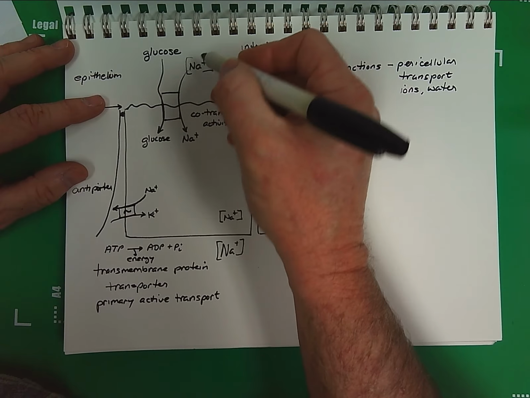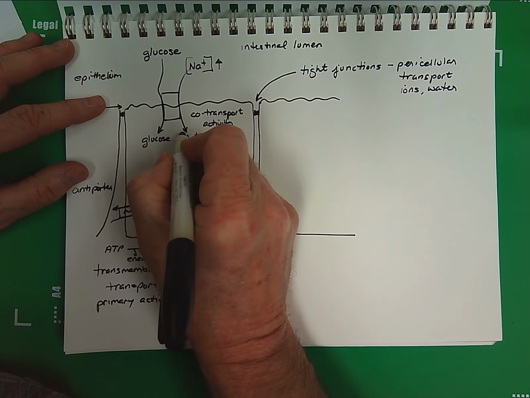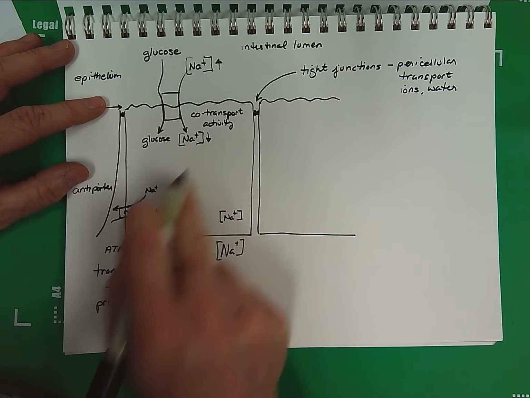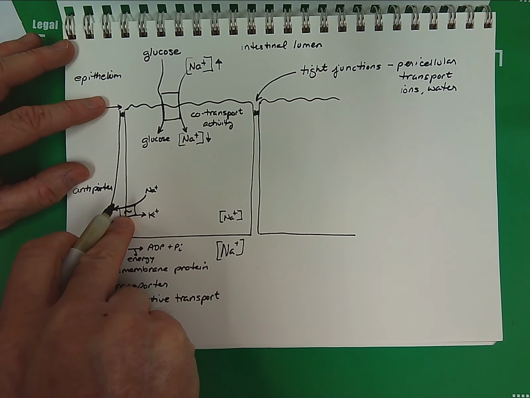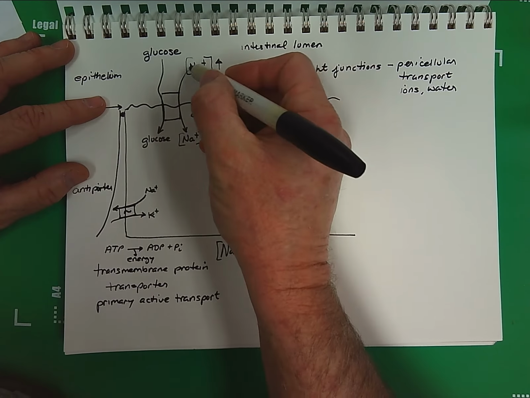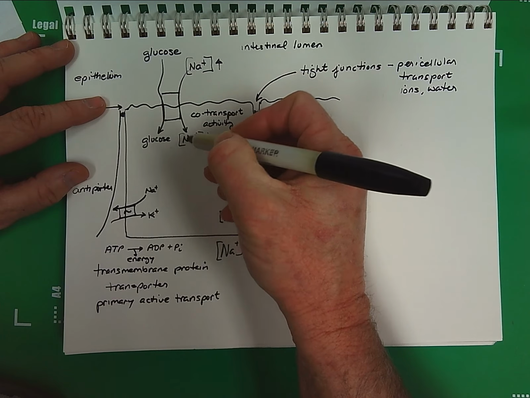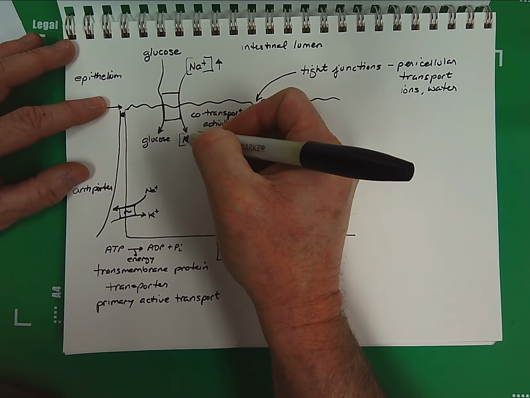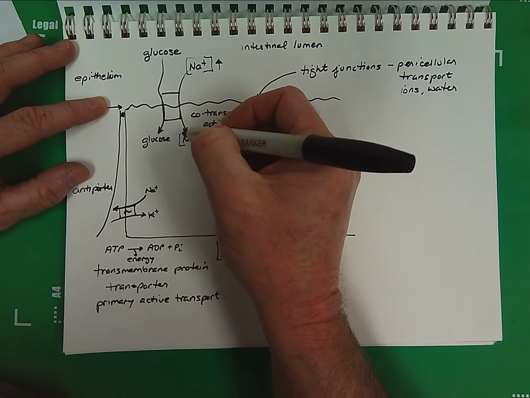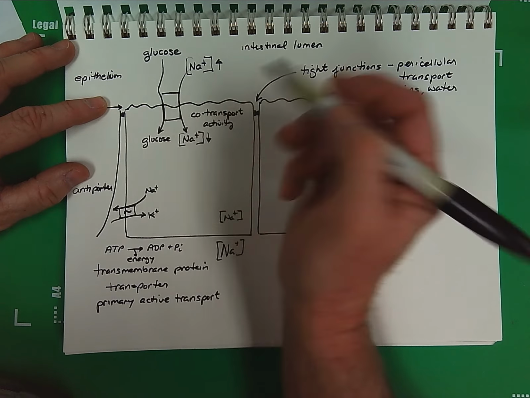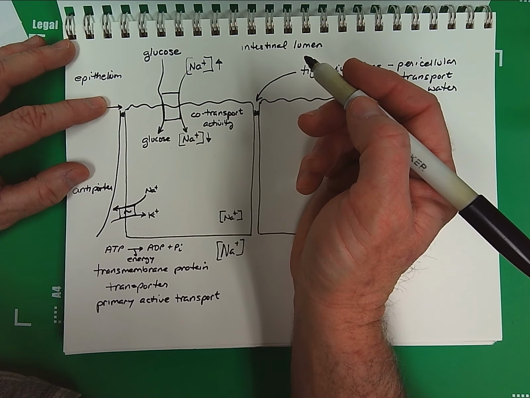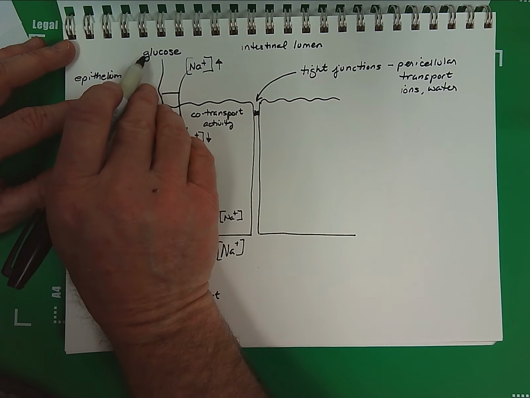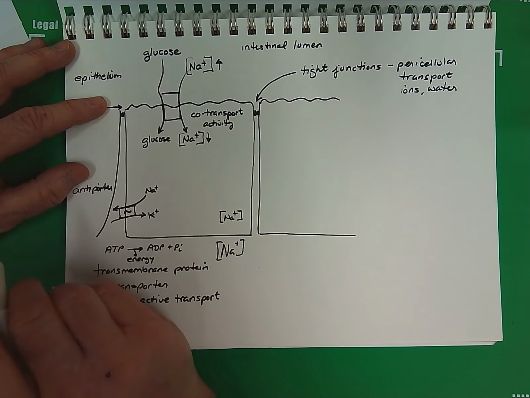So by this gradient of a high concentration to low concentration in the cell, this low concentration being maintained by this primary pump, the sodium will drive this transporter's activity because we are following an osmotic gradient. We're moving toward a decreased sodium concentration. What this will do in turn is also drive the glucose transport inside the cell.